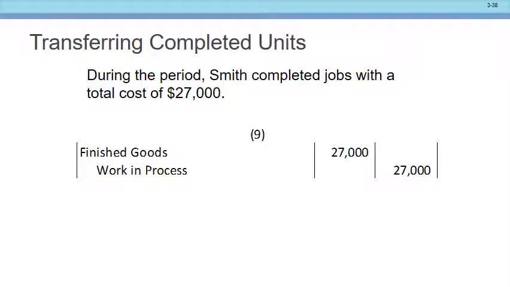Go ahead. By definition, right? I know that 27,000 is my cost of goods manufactured. Very good. I know because by definition, it's the amount that gets transferred out of work in progress, gets credited out of work in progress, and gets debited to finished goods, right? Okay, so we're reviewing this again.